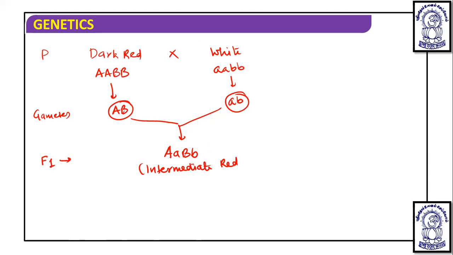Now when we make a selfing of this, we cross the intermediate red, capital A, small a, capital B, small b, with capital A, small a, capital B, small b for the F2 generation. How the cross of these two will occur and the next generation will be obtained, we will discuss in the next slide.